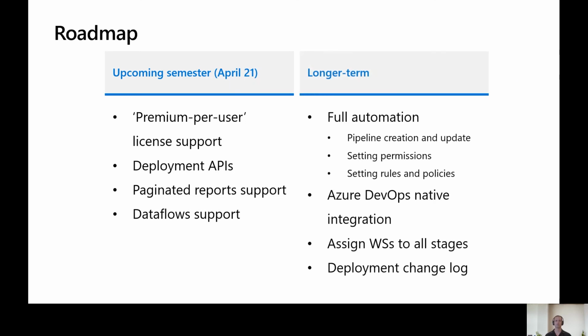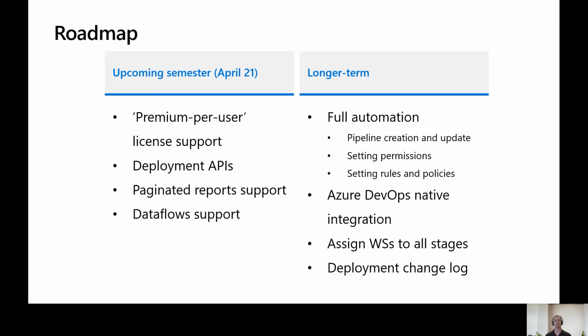Longer-term goals that we have, which we don't have a timeline for yet, are to continue the work on full automation of all deployment pipelines operations available today, so you can fully create and manage content from tools outside of Power BI; native integration with other DevOps, to manage Power BI content through Azure pipelines, and leverage all its DevOps capabilities.